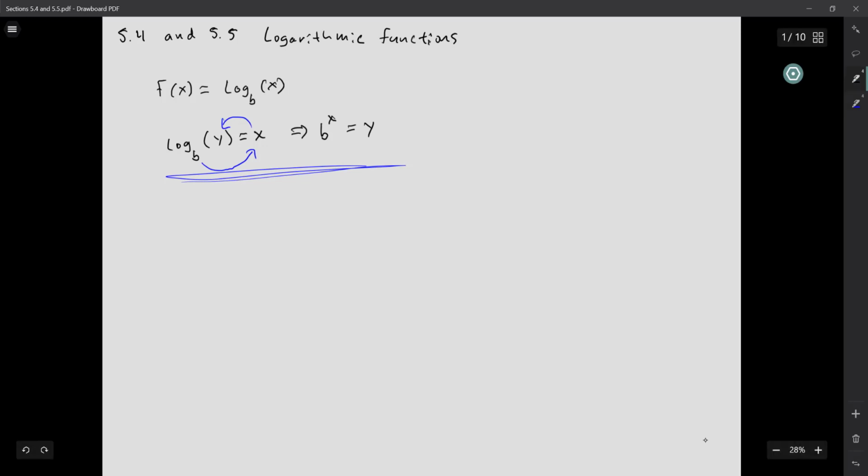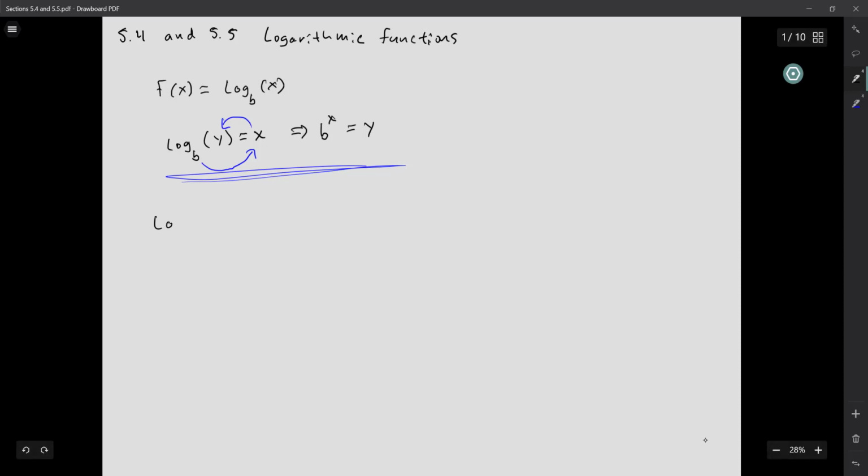And in fact, if you play around with this definition and you look at all of the exponential properties, you'll get all of the logarithmic properties. But still, we'll go over it here.